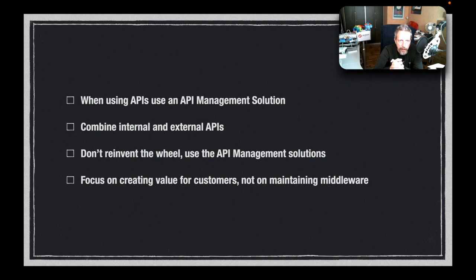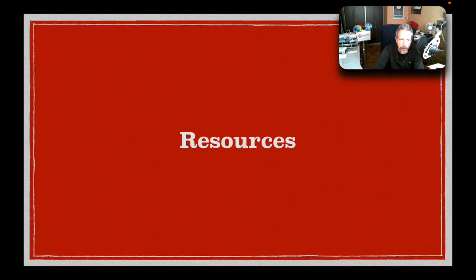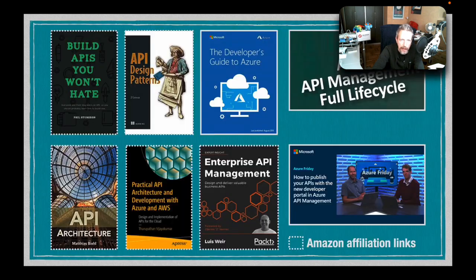It allows you to combine internal and external APIs, and most important, you don't have to reinvent the wheel, because API management provides a whole lot of solutions directly within the service. So in the end, you can focus on creating value for your customers and not maintaining the middleware for all these things. If you want to know more, here are some resources.